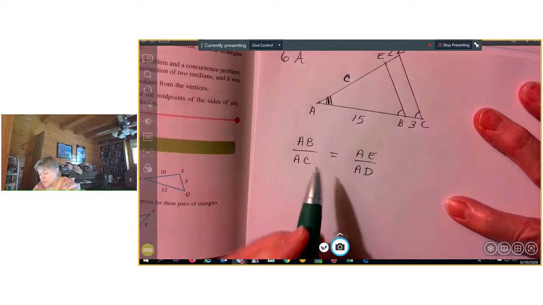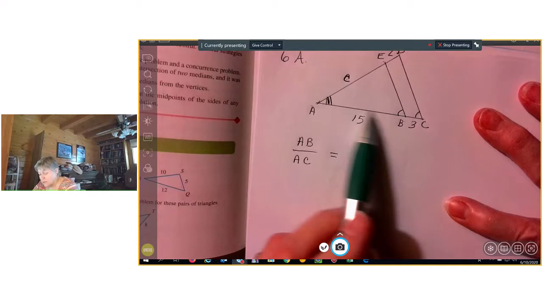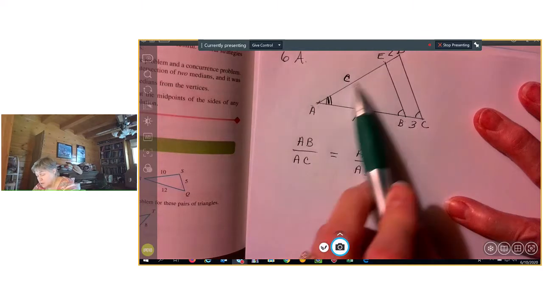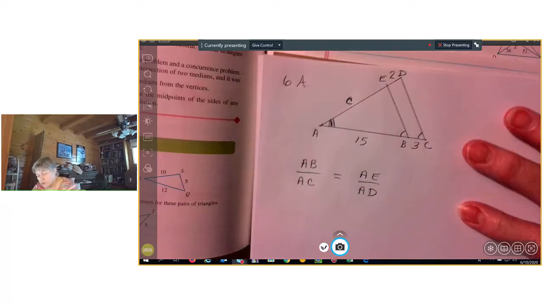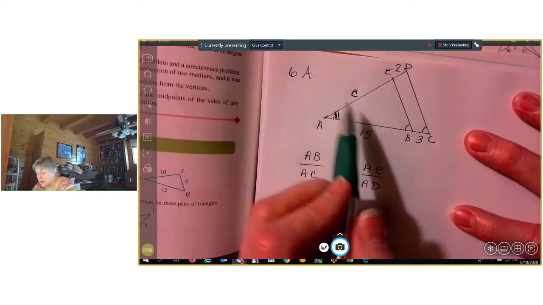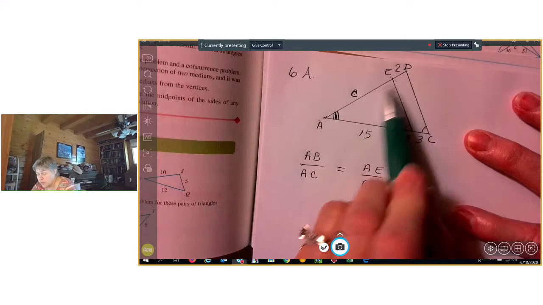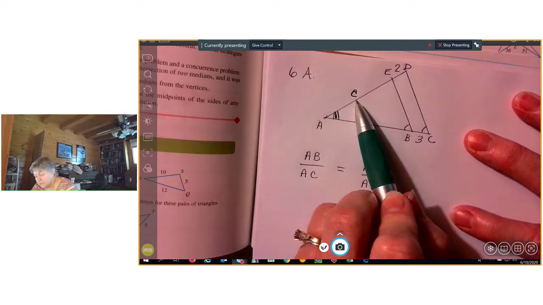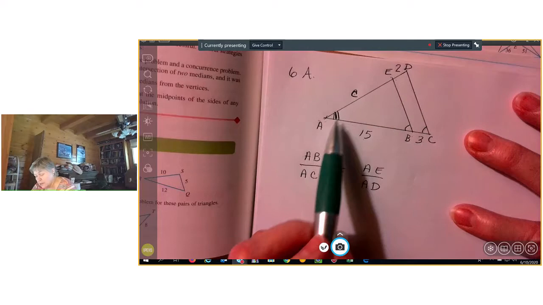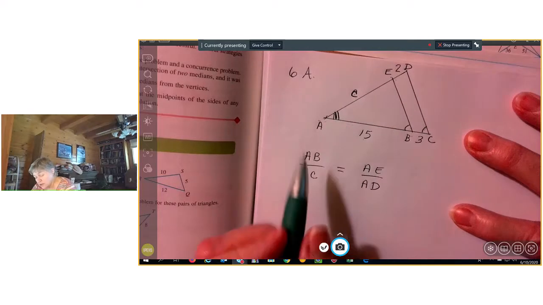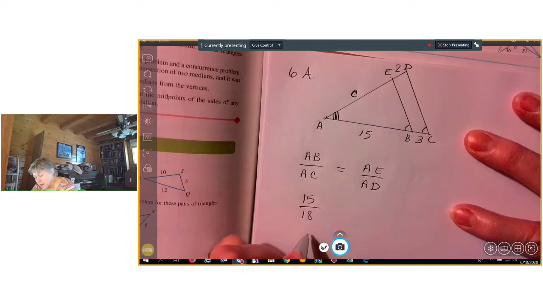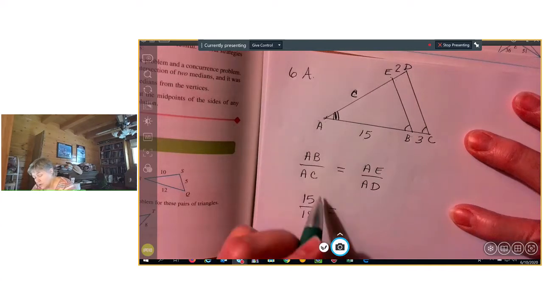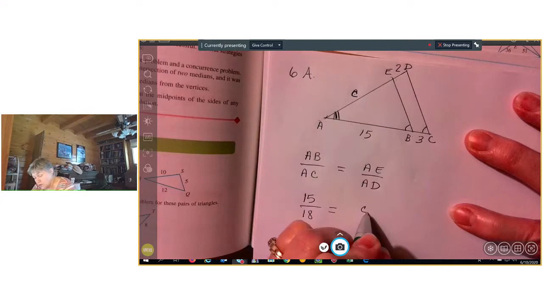So this little one is in proportion to this longer one. Now, it gets a little bit more confusing because this has got to be added to the C. So we have 15 over 18, and that's going to equal C over 2 plus C.